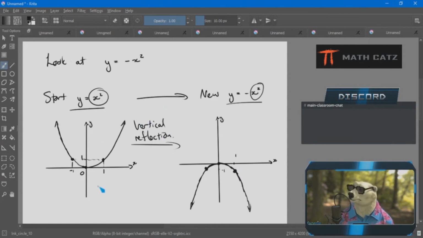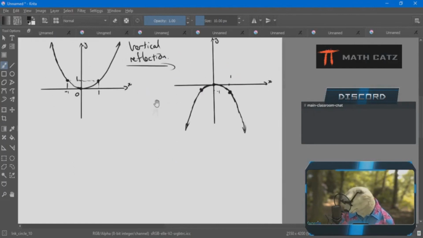I had to flip it vertically. What happened to the function? How did the function change? It was negative 1 times the right-hand side. The right-hand side stays the same, negative 1 times that right-hand side. Okay.